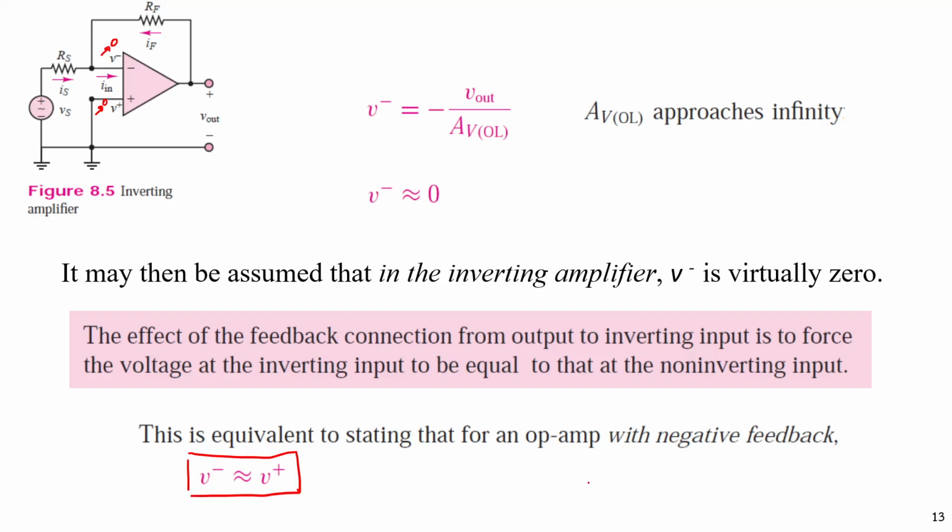So we have another property of op amp. With negative feedback, we will get V negative equal to V positive. And also the property of op amp is I in equal to 0.